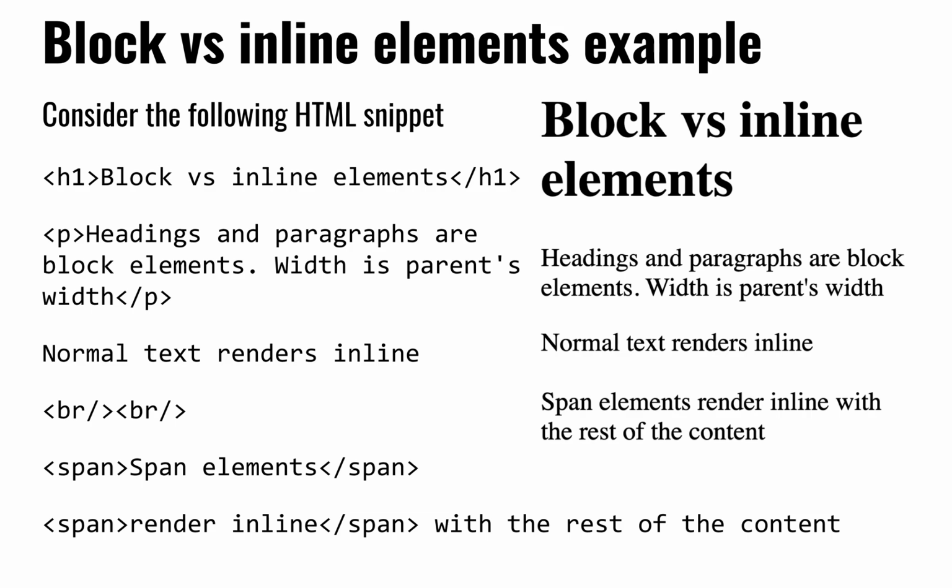Just the text content will flow from left to right, from top to bottom. But when you start wrapping this content with tags, then those tags will have default behaviors, right? They'll either render as inline or they'll render as block by default.